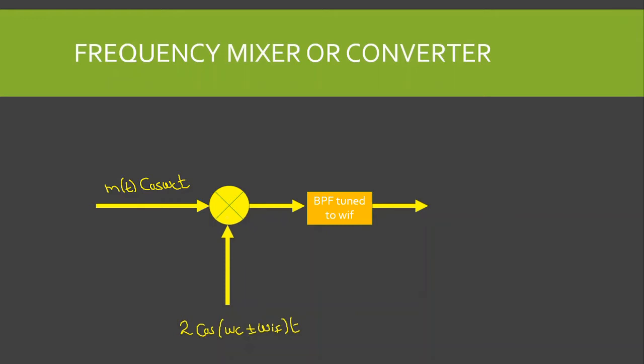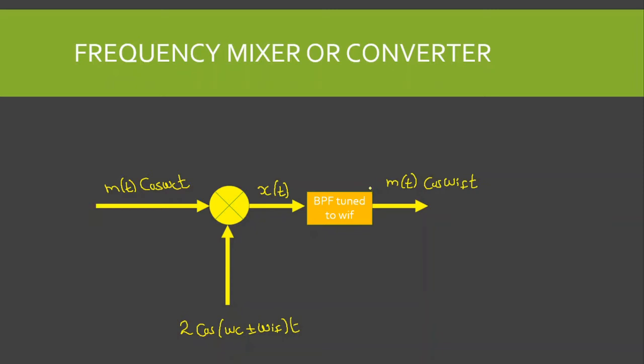When we multiply the modulated signal with this 2 cosine (omega_c plus or minus omega_IF) t, we get some function, which is, for example, x of t. Then this x of t is passed to the band pass filter, which is tuned to the intermediate frequency omega_IF. As a result, the output of the signal will be m of t cosine omega_IF t.